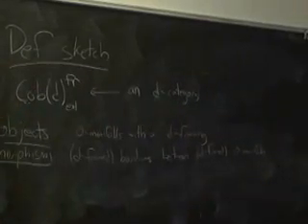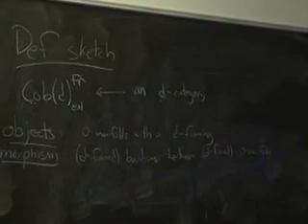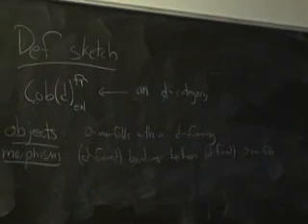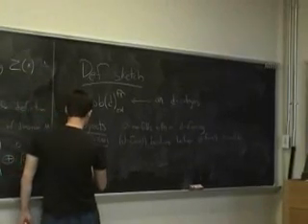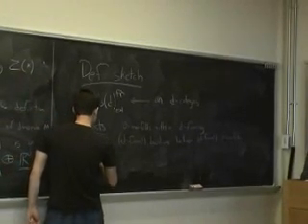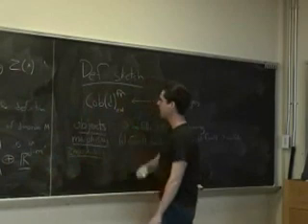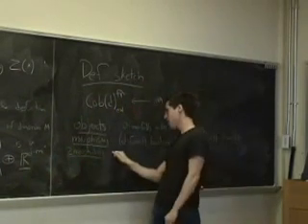In particular, these morphisms are themselves d-framed manifolds of dimension 1. And it makes sense to talk about cobordisms between them, which are going to be the two morphisms in this category Cob_d^fr.